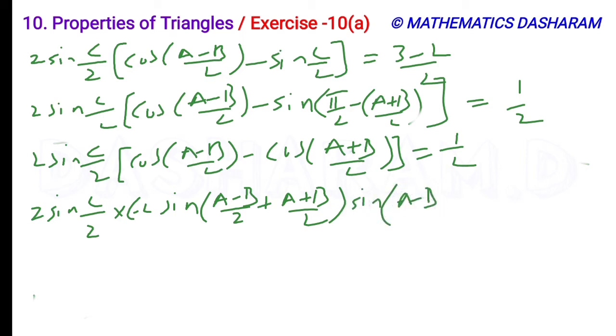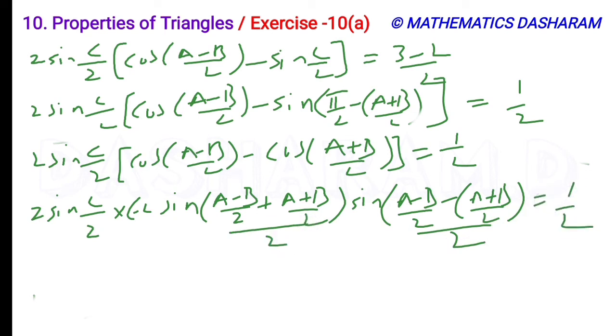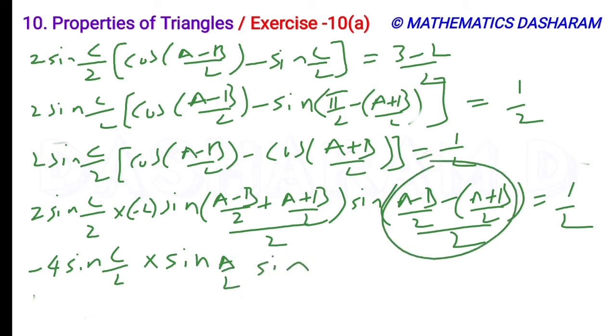Sorry, (C minus D)/2: (A minus B)/2 minus (A plus B)/2 whole by 2, it is equal to 1/2. So here 2 into minus 2 is minus 4. So sin C/2 into its total simplification is sin A/2, and its total simplification is sin B/2, it is equal to 1/2.